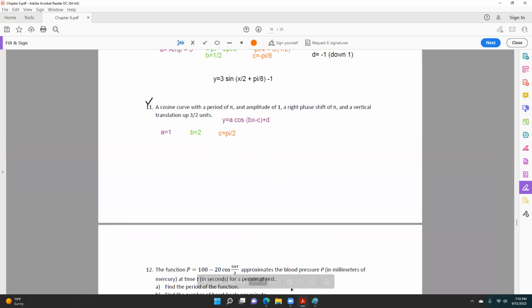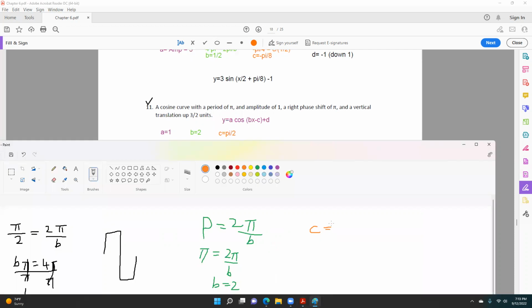You take the phase shift equals C divided by B. Yep, this is your phase shift. And what is your phase shift in this case? The phase shift is pi, because you're moving to the right.